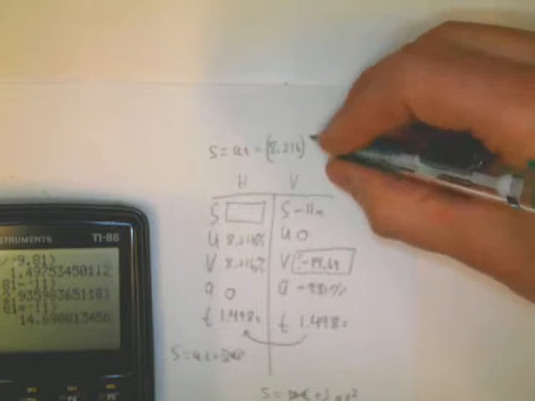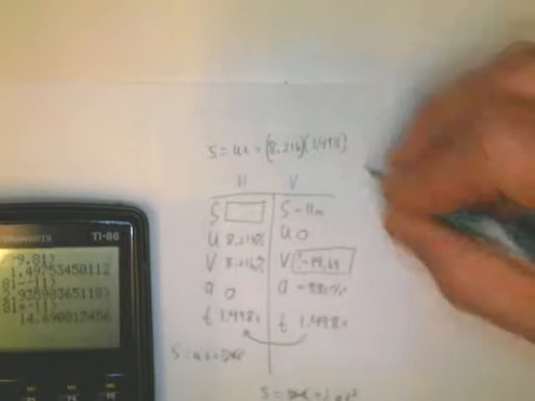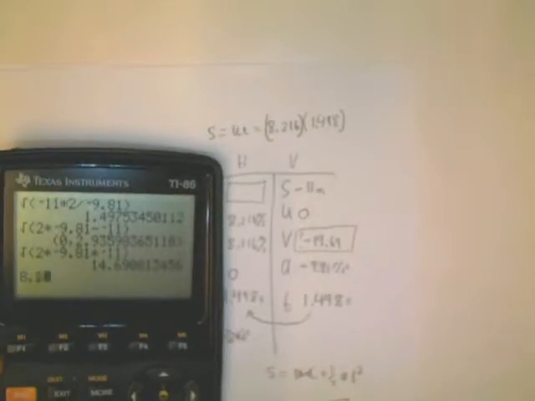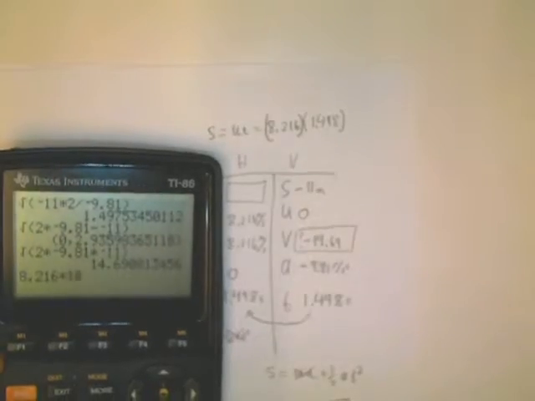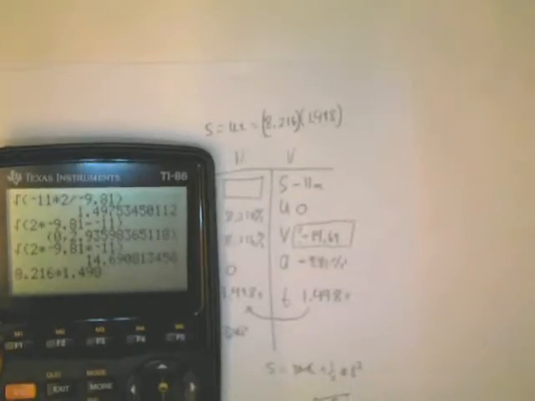And we can do that in the calculator. 8.216 times 1.498. And that's 12.3 meters.